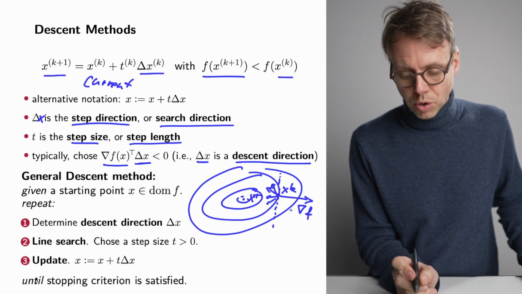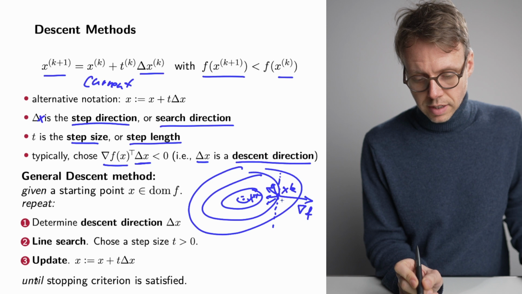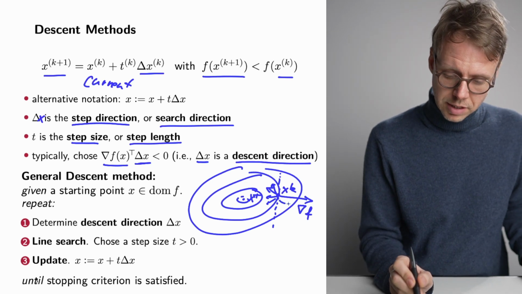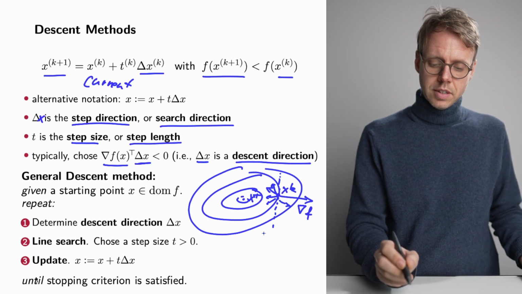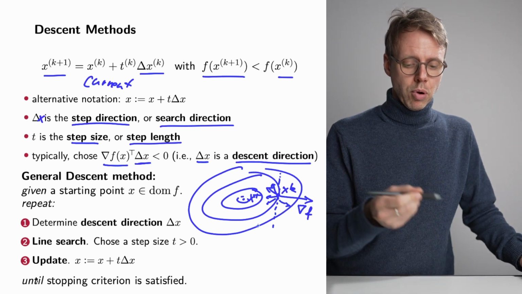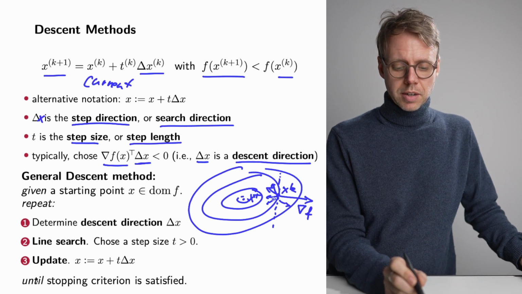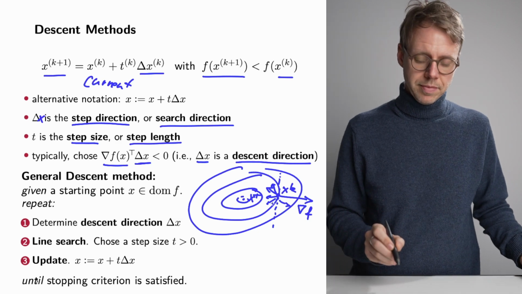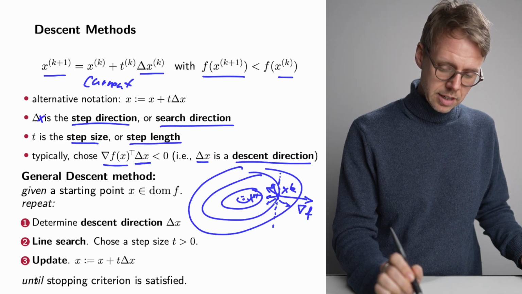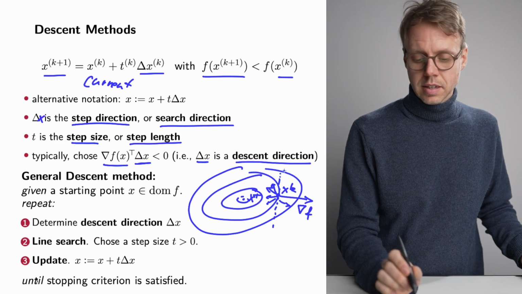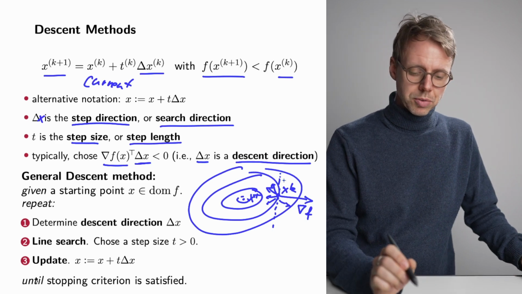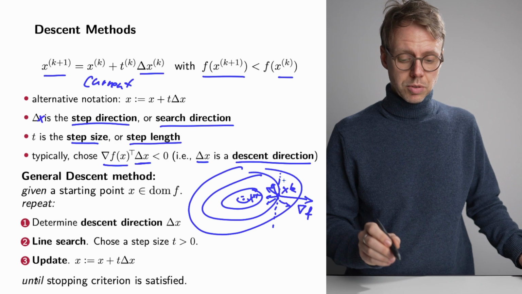Whereas if we chose a vector that went in this direction here, it would form a positive inner product with the gradient and would be an ascent direction. Or if we chose something on this line, then the gradient and the direction would actually be orthogonal to each other, and we would not be guaranteed to have a descent direction.